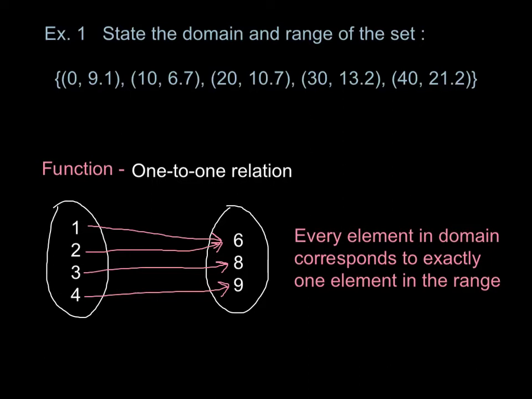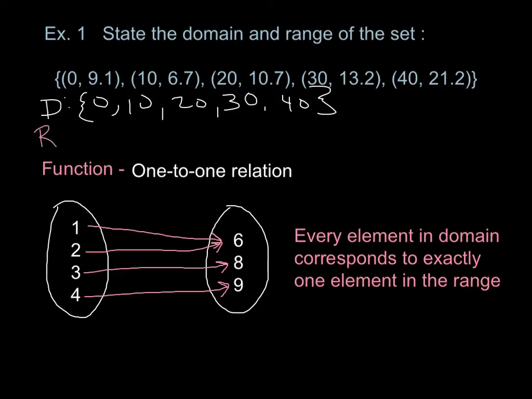State the domain and range of the set. So look at the following set and see if you can identify the domain and the range. Okay, so the domain is the set containing 0, 10, 20, 30, and 40. The domain is the first element in the ordered pairs, the first component of the ordered pairs.